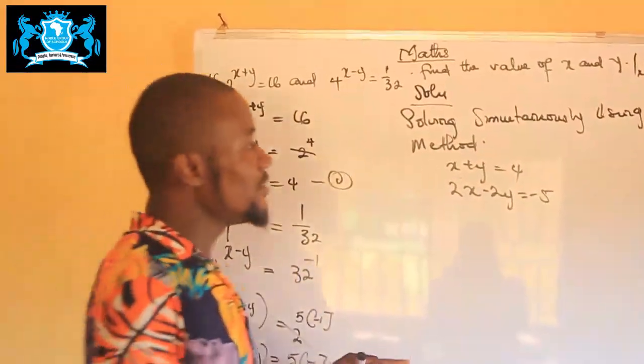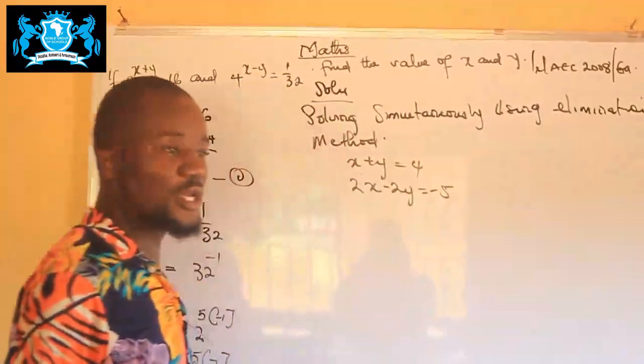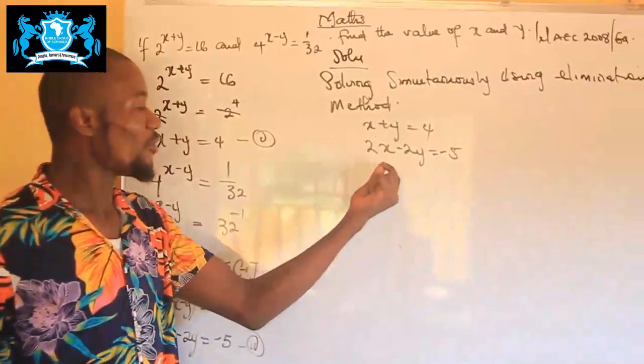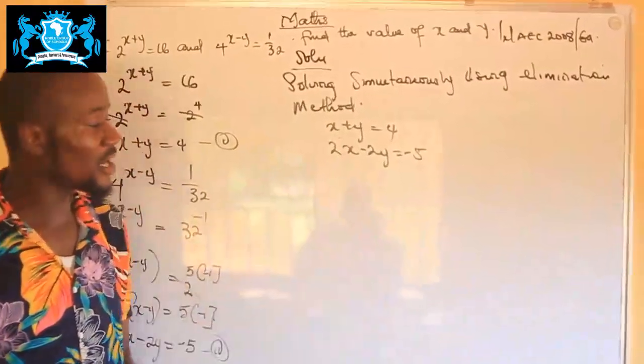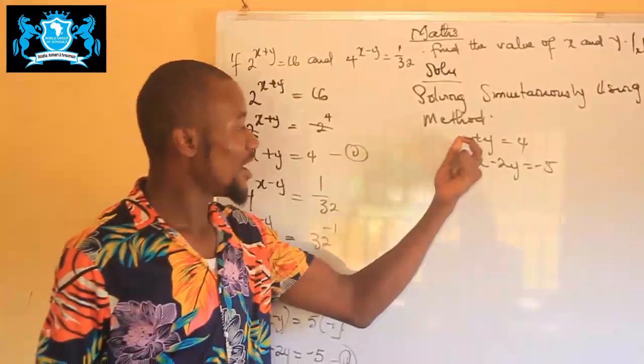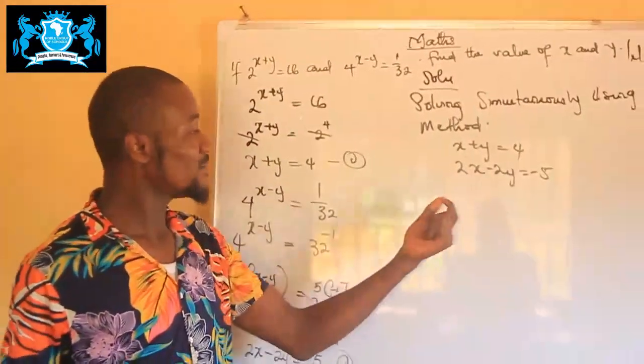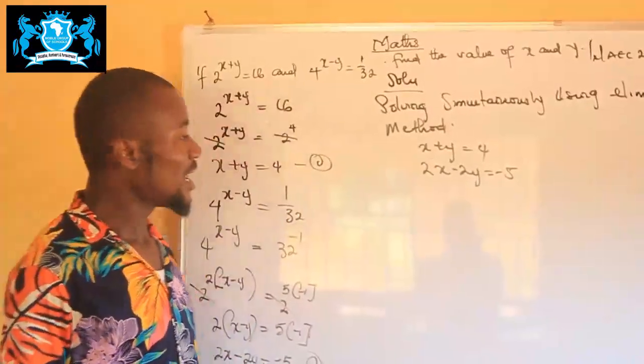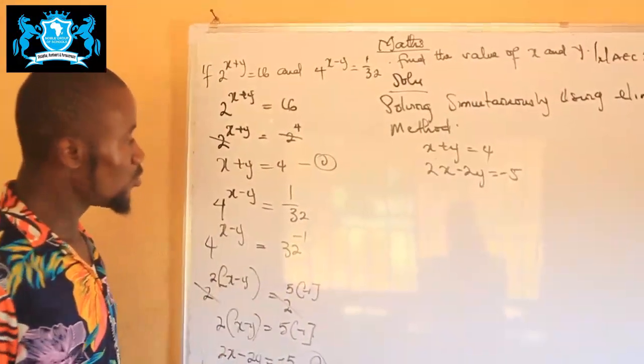Now, the word elimination, we know it means to remove or to kill. So, if you decide the type of the variable to eliminate, now you know we have 2 variables here. We have the x and the y. We will decide which one to eliminate first. If I decide to use x, what will I do?